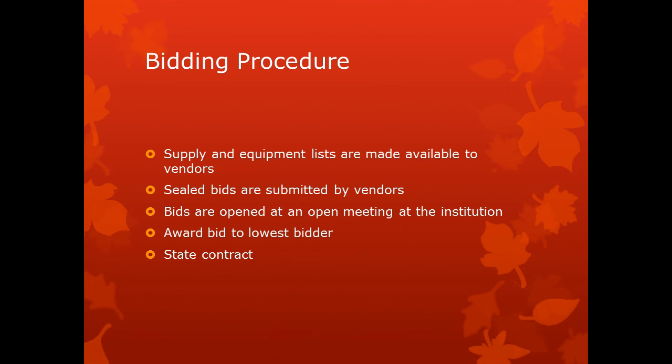But yet, if I want to buy a printer, I can go to the Hewlett-Packard state contract and look through their printers and pick the one that I can afford and that meets my needs, and I don't have to worry about a bid process because they have already been approved as a vendor for state agencies.